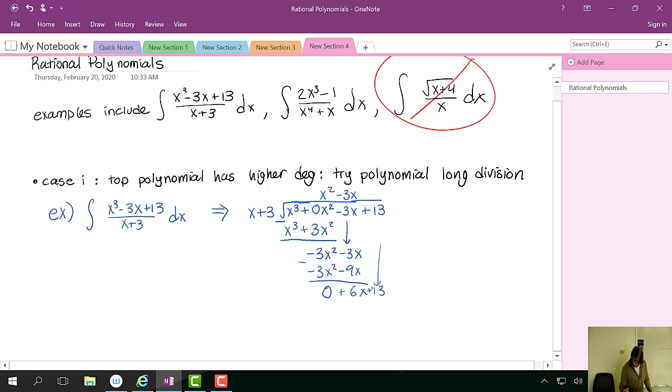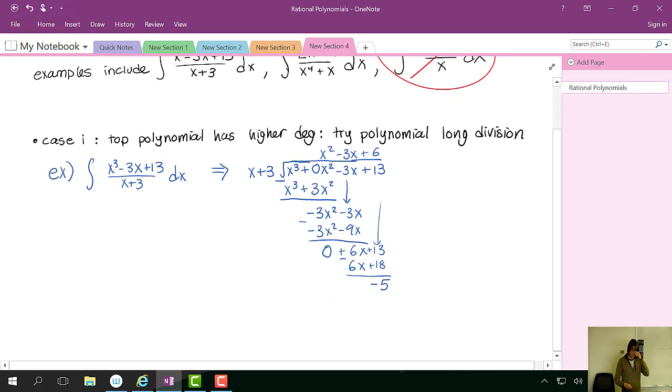And then the final multiplier is positive 6, so 6x plus 18. Cool, so we get a divisor of x squared minus 3x plus 6, and a remainder of negative 5.